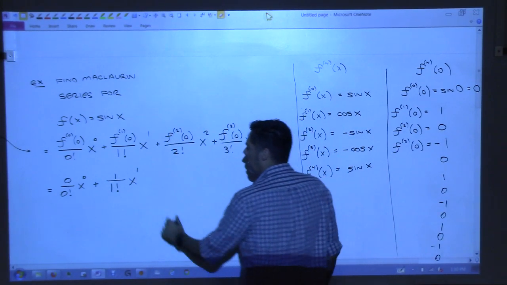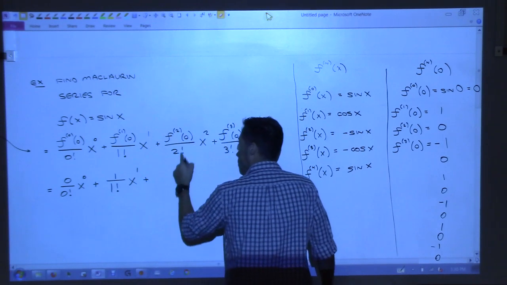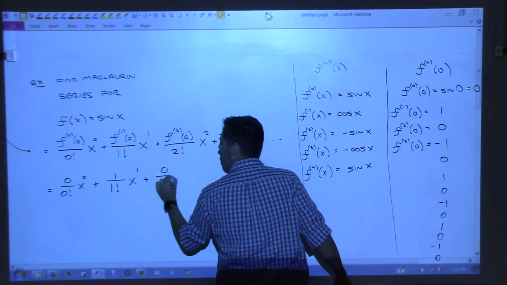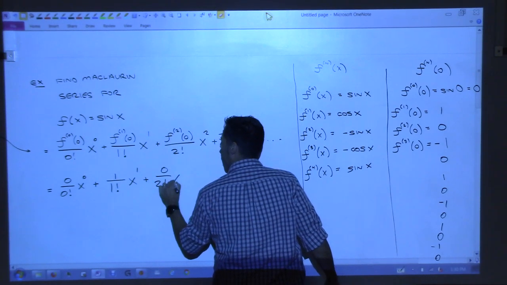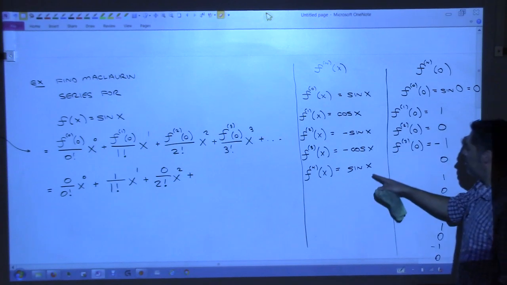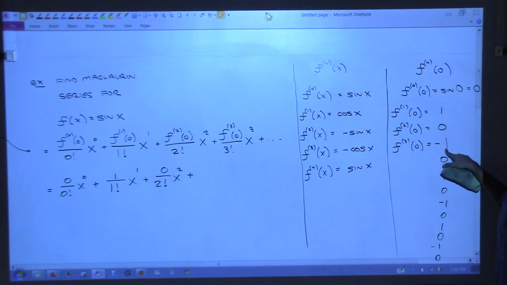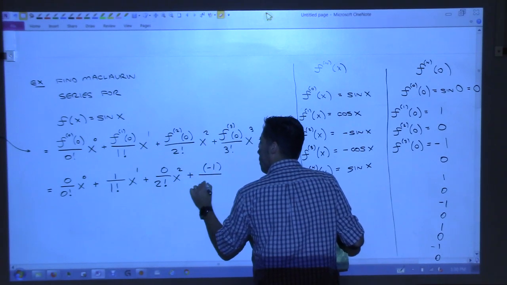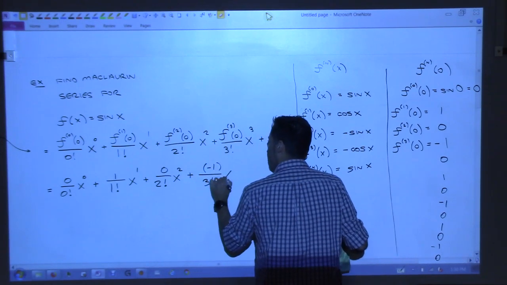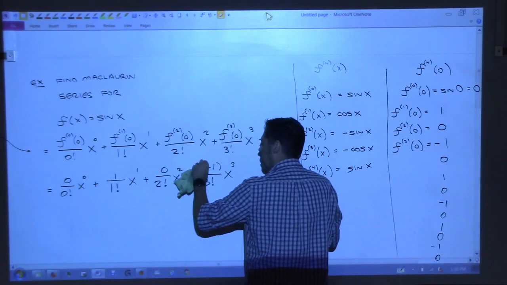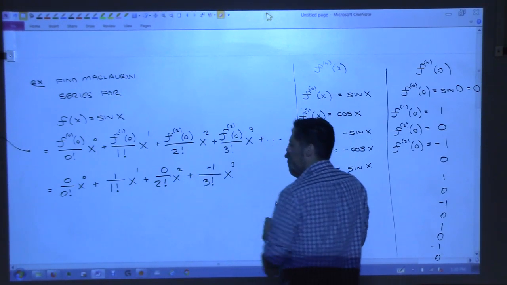Now, what was the second derivative at 0? 0, right? So we get 0 over 2 factorial, x squared, plus, now what was the third derivative at 0? Negative 1 over 3 factorial. I don't need that in parentheses. In fact, I have no idea why I put that in parentheses. It doesn't matter. Whatever you want to do. That okay?